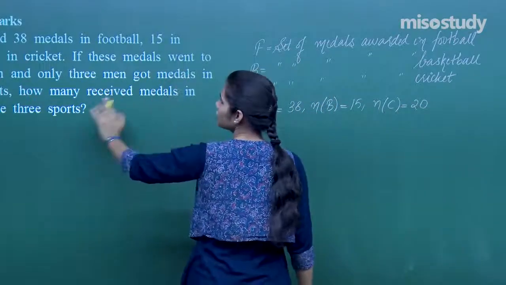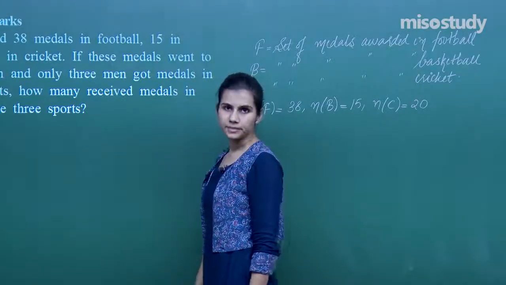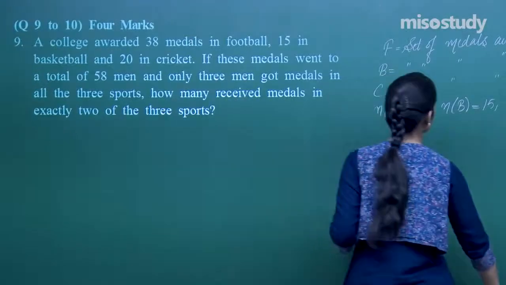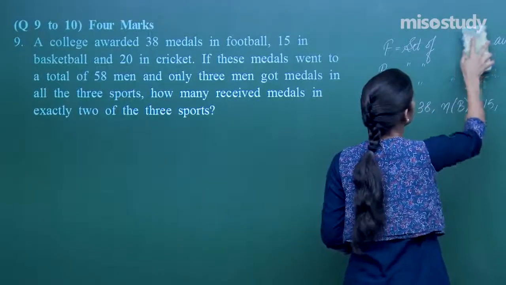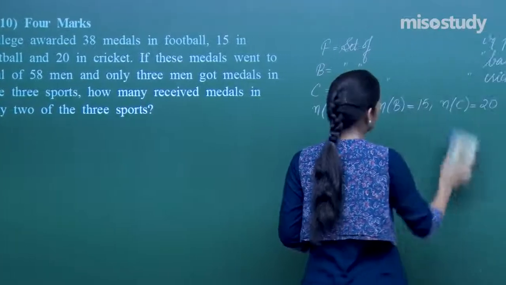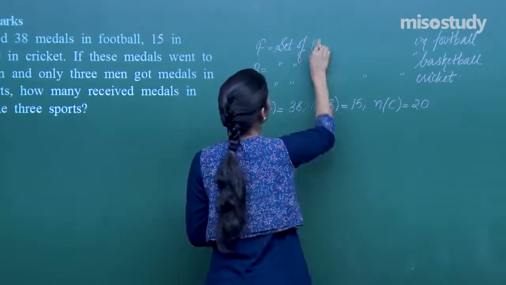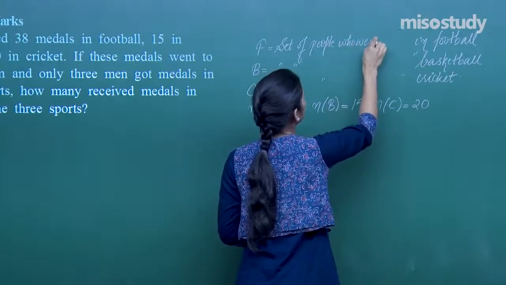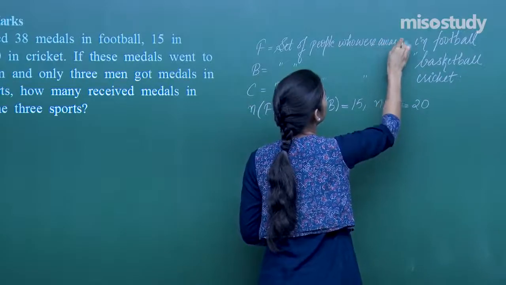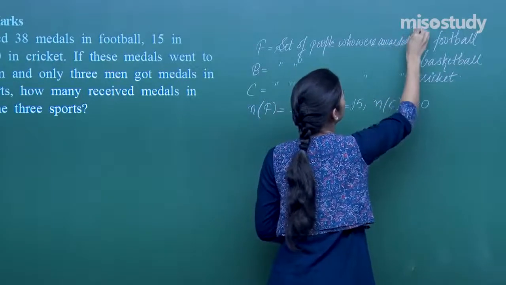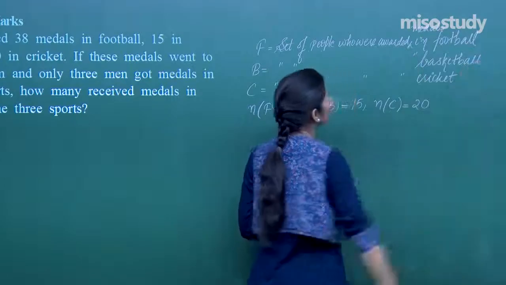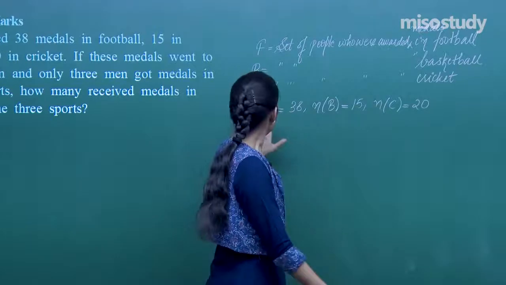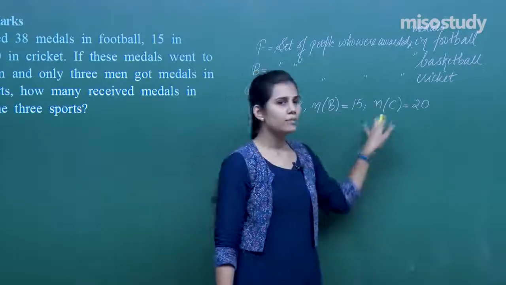If these medals went to a total of 58 men only, basically it's not a set of medals, this is a set of people who were awarded medals in football, a set of people who were awarded medals in basketball and in cricket. So 38 in football, 15 in basketball, 20 in cricket.